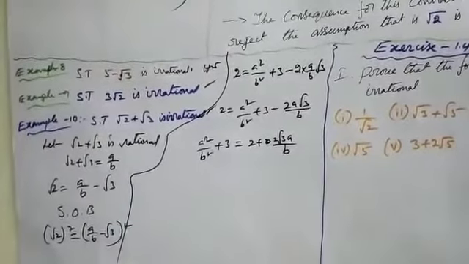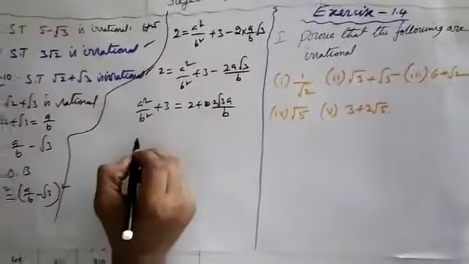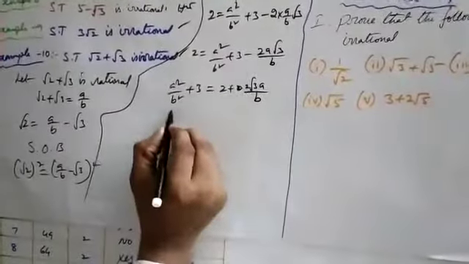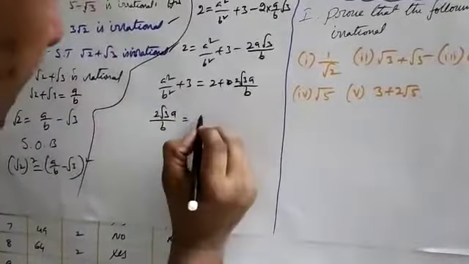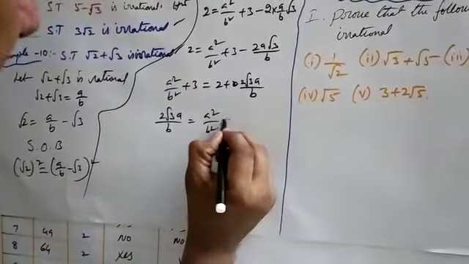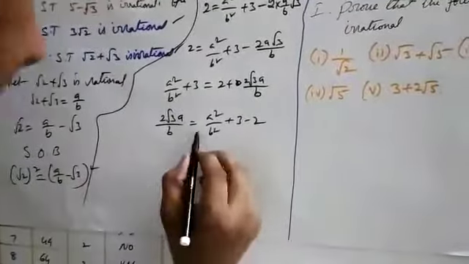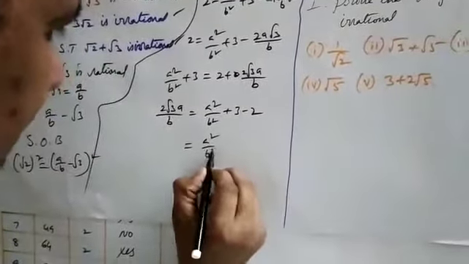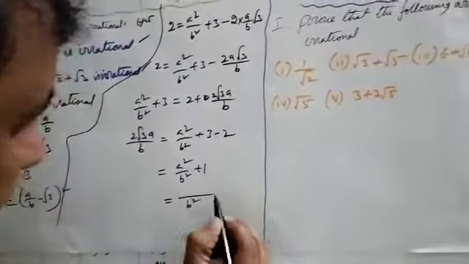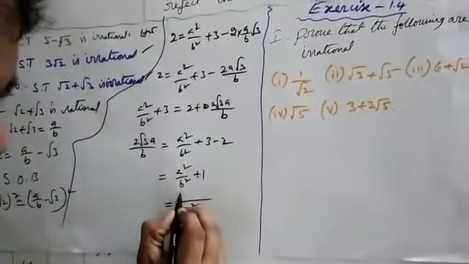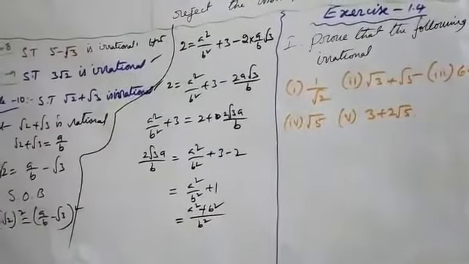So root 3 a by b is equal to a square by b square plus 3, with the 2 transferred to the left side as minus 2. Therefore a square by b square plus 1, since 3 minus 2 means 1. What is the LCM? B square. So it becomes a square plus b square divided by b square.